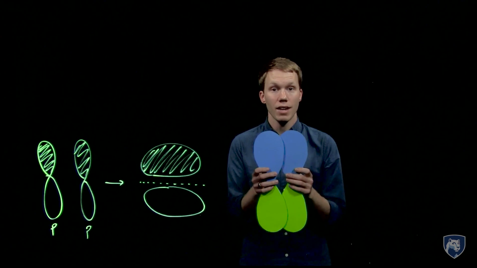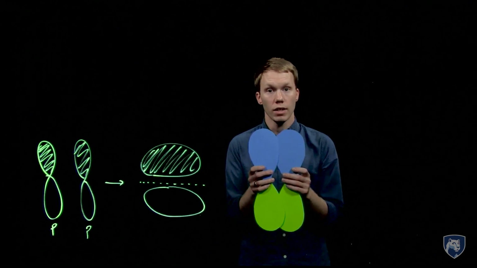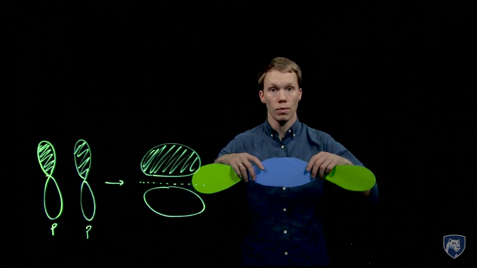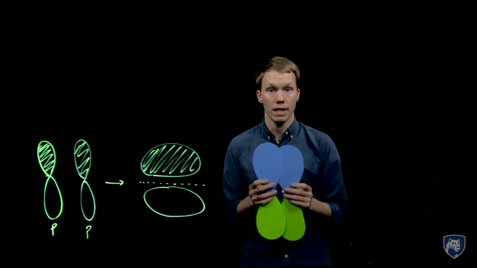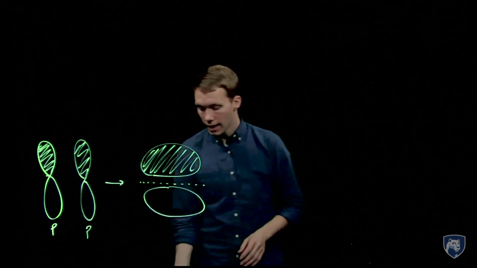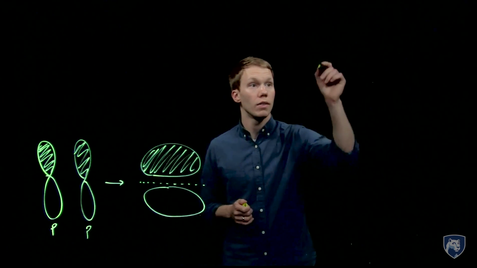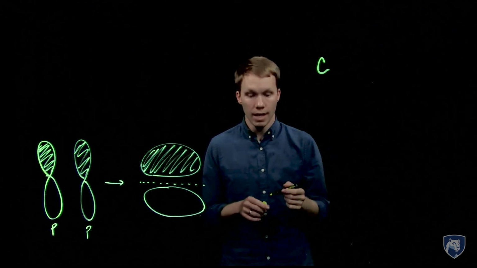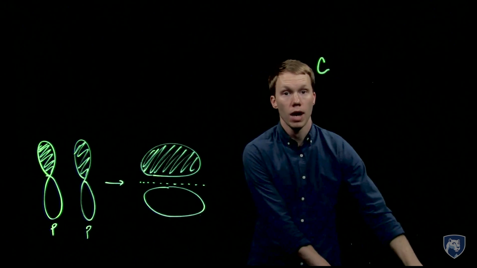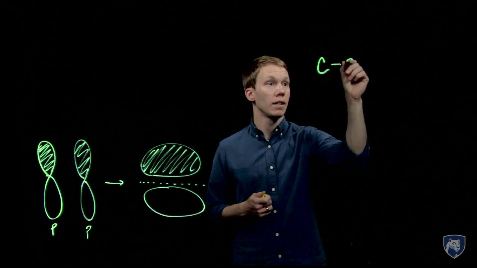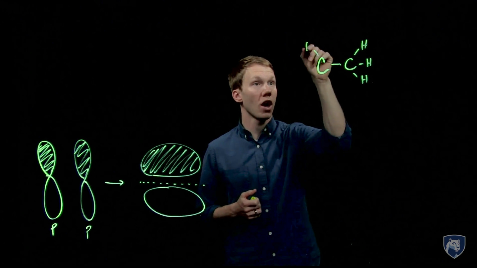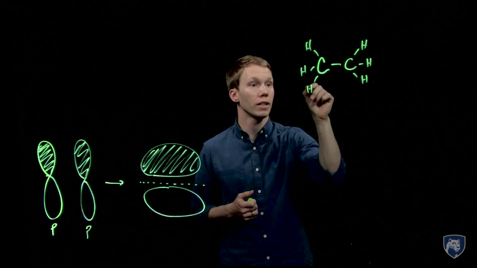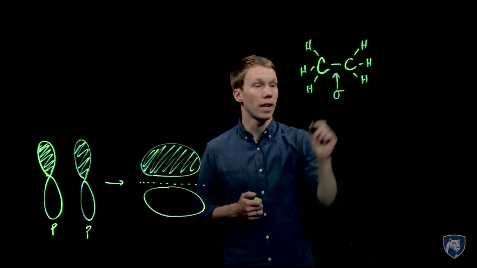So the side-to-side overlap of p orbitals is weaker than that end-on-end orbital overlap. So pi bonds are always weaker than sigma bonds. And in compounds, the pi bond will always be the second or third bond. So in, say, ethane, the carbon-carbon single bond here will be a sigma bond.